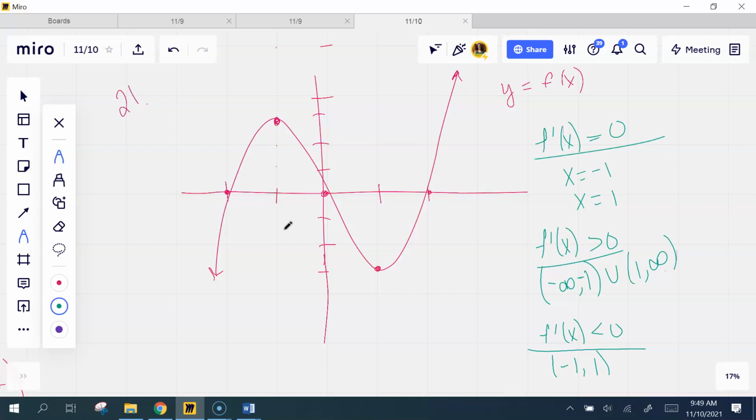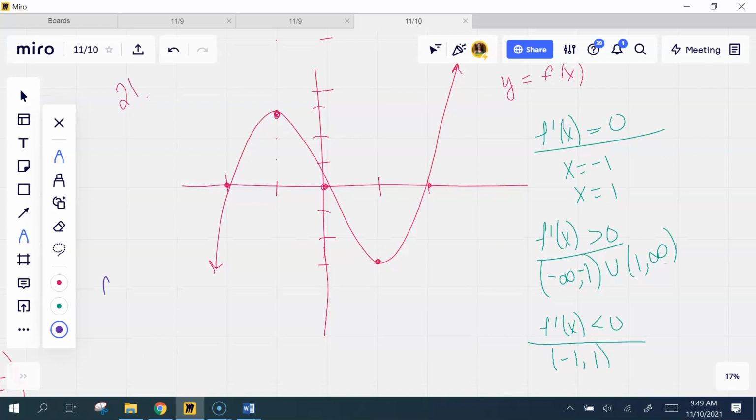All right, now let's talk about second derivative. Where do you think, and this is going to be an estimate because this is a little hard to tell, where do you think the second derivative is 0? I like negative 2. I could say negative 1 and 1/2. Negative 2. I agree with Meg. I think there's 1 point of inflection here.